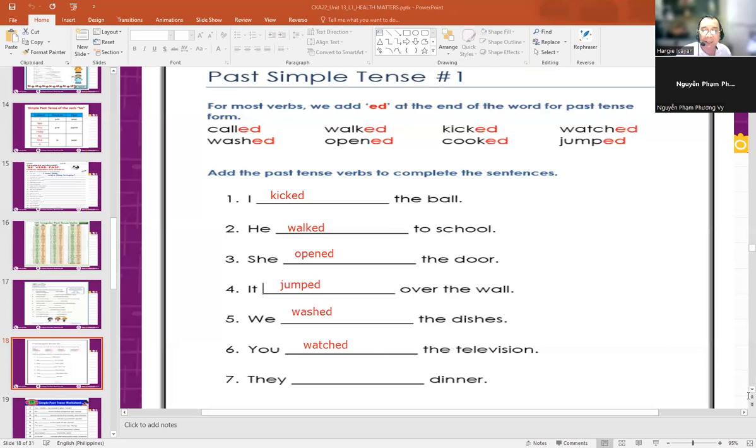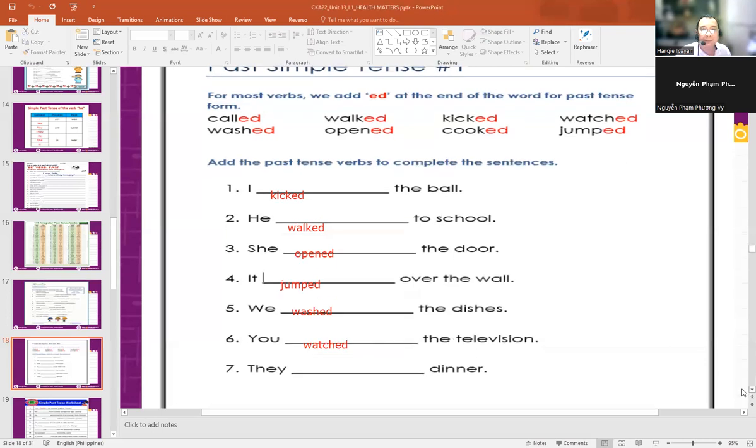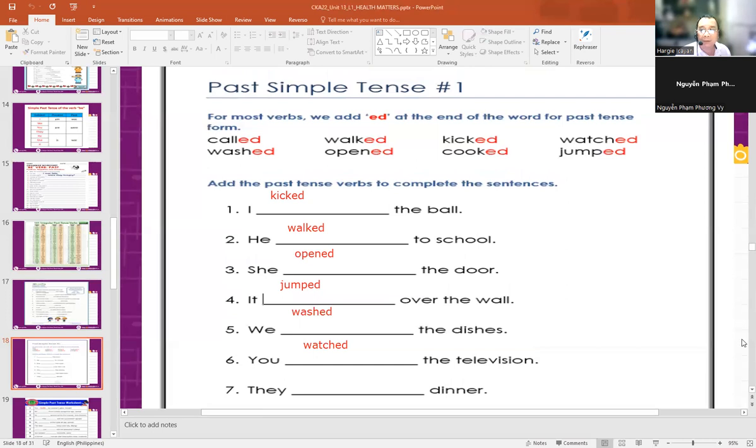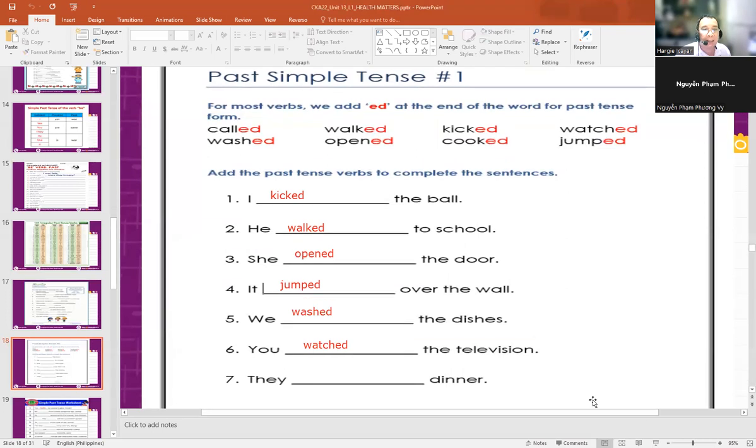Number seven, V? They cooked dinner. Yes, okay. So they cooked dinner, with an ed in it.